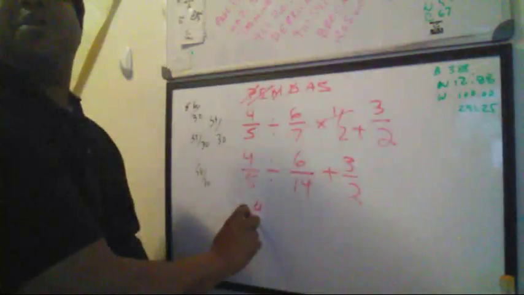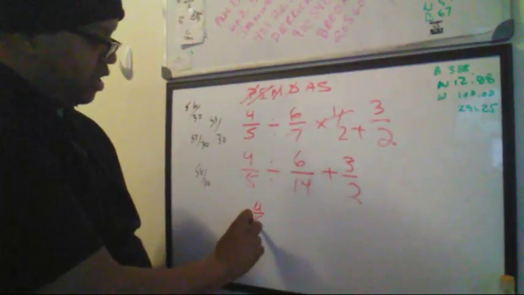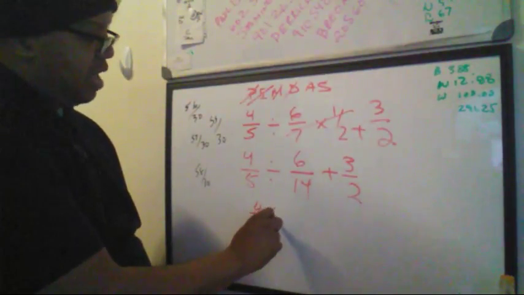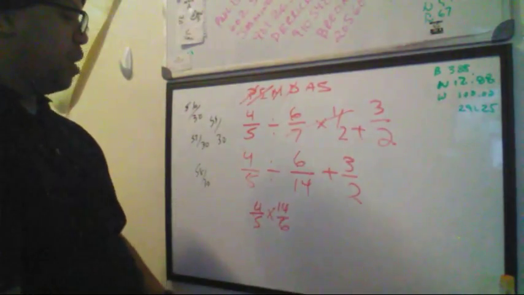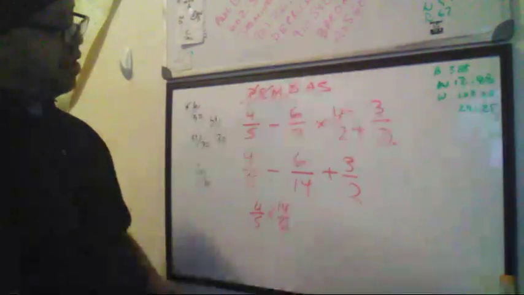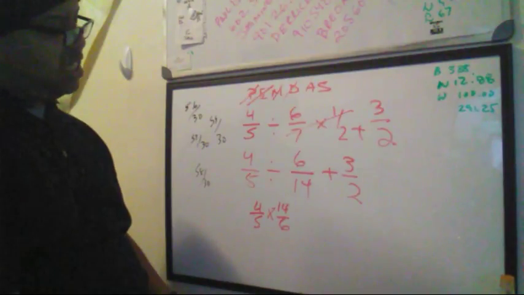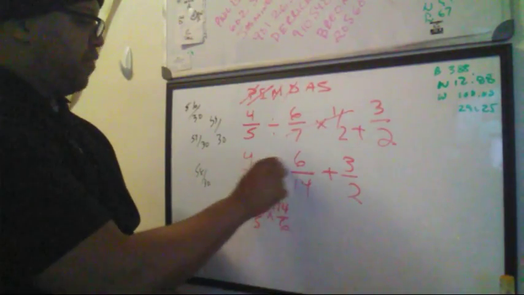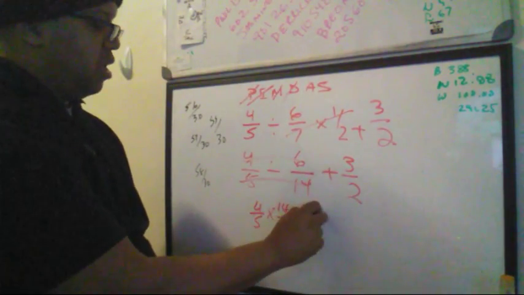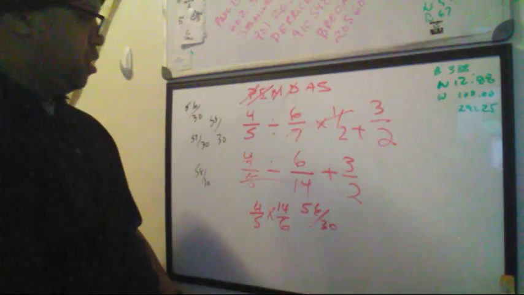So 4/5 times 14 over 6. We merely flip the numbers here. We're multiplying by the reciprocal. And 4 times 14 is 56. Yeah, 56 over 30. So we would get 56 over 30 at this point.